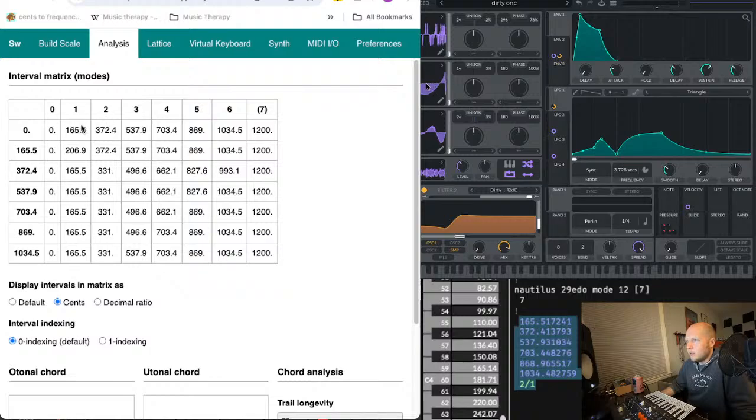So you have 2. Well, you have 2 at every type of interval here, because we have the small and the large steps in Nautilus, and we just have 1 large step, so that only will offset everything at 1 point in the whole scale.